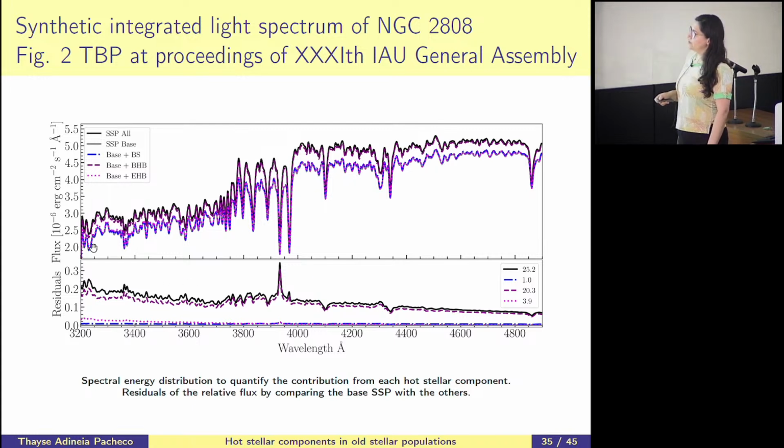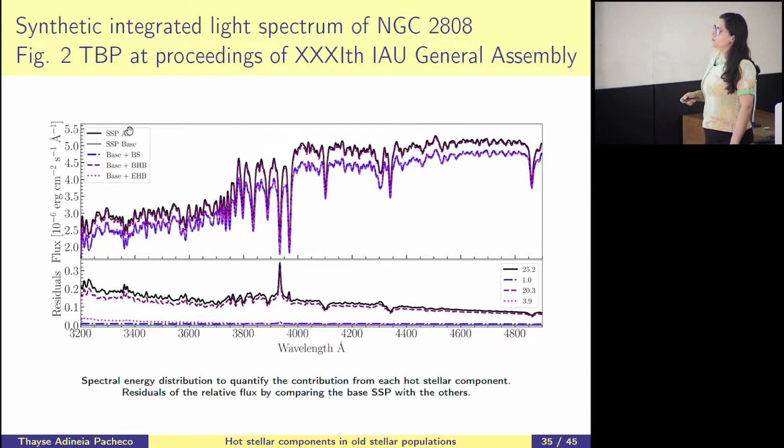And we can estimate that the blue stragglers are contributing 1% in this bluer region. Subdwarfs are contributing almost 4%, and horizontal branch stars are contributing 20%. And when we add the three hot populations to the spectrum, we have a contribution of 25% in this region.